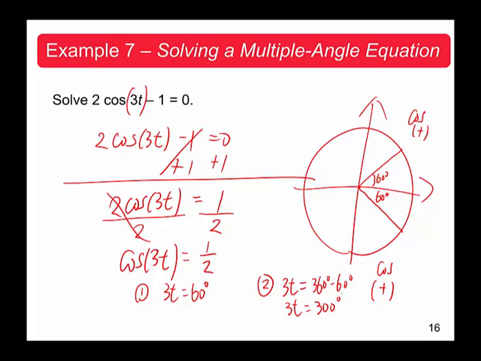Now dividing by 3 here, t equals 20 degrees. 20 degrees you turn into a radian measurement, it'll be pi over 9. 180 over 9, that's 20 degrees. The other one, dividing 3 from both sides of the equation, t equals 100 degrees. 100 degrees, that's 5 pi over 9. You again use the proportion to convert it into the radian measurement.